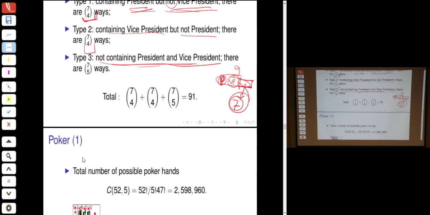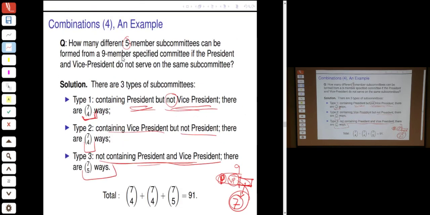So that can be accomplished in 7 choose 5 ways. So the total number of ways of choosing 5-member subcommittees so that the president and the vice president are not present together is the sum of these 3 ways, which is 7 choose 4 plus 7 choose 4 plus 7 choose 5, and you can simplify it to 91.